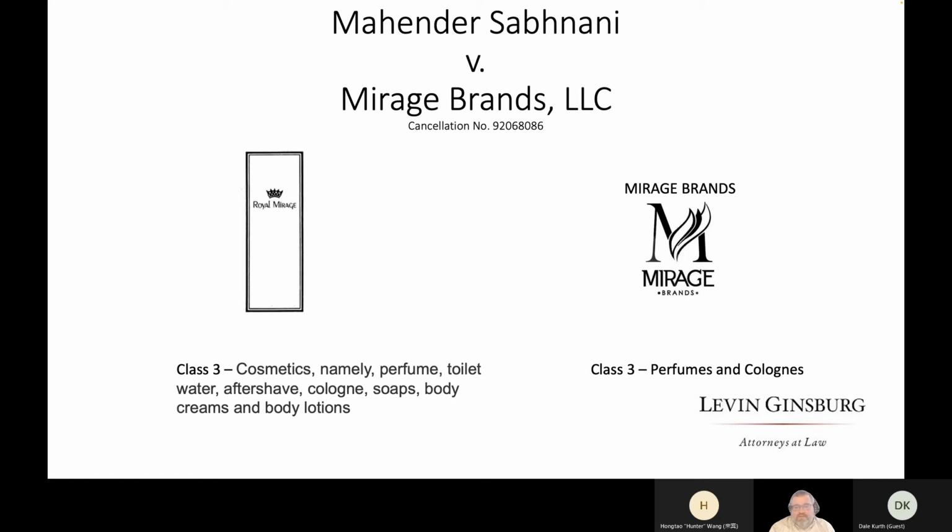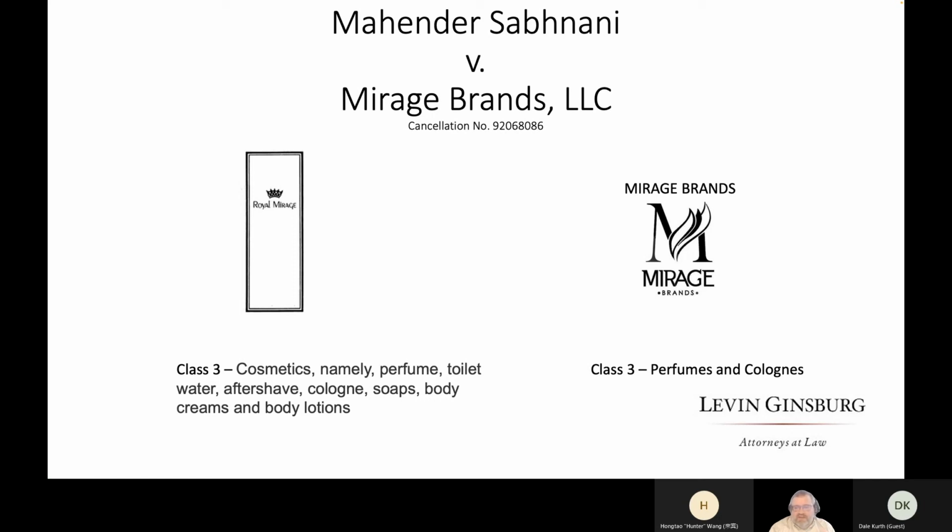that certainly Mirage is strong enough, and Royal was not too much of an impact. Royal just means part of the royal family, or part of royalty, and so therefore, certainly Mirage is a dominant portion of the mark on the left as well.